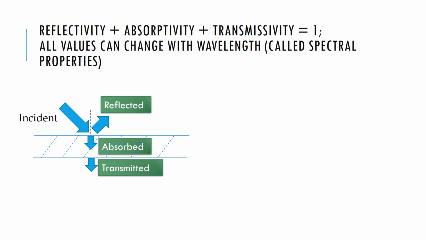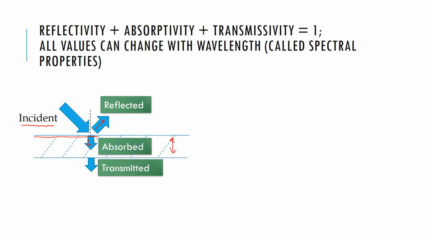When waves are incident on a surface, a part of it is reflected and part of it is absorbed. Depending on the thickness of the material, whatever is not absorbed is transmitted.